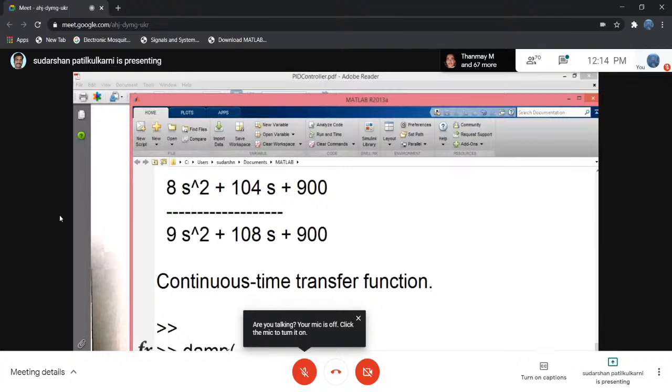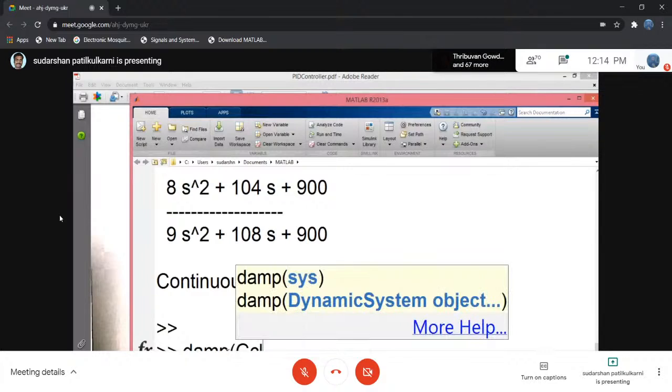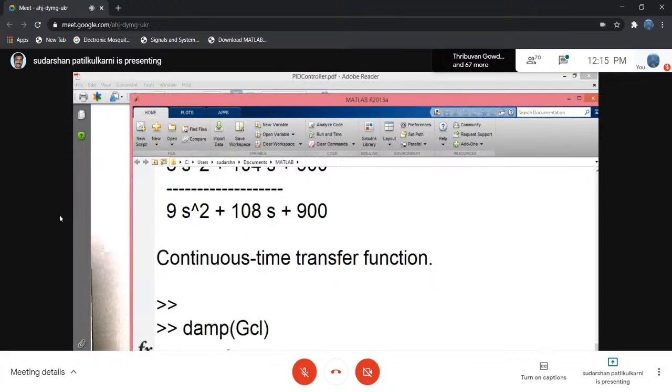Check whether the damping of this closed loop system satisfies the design requirement.